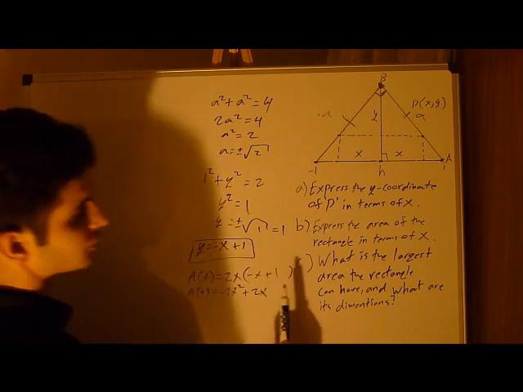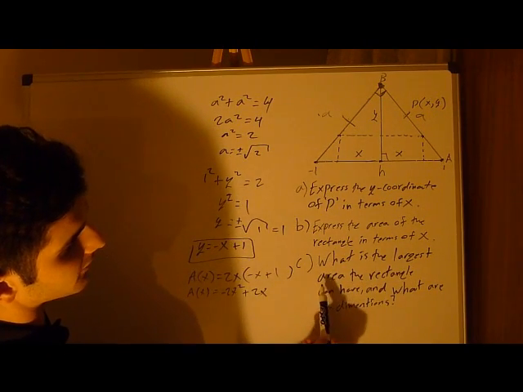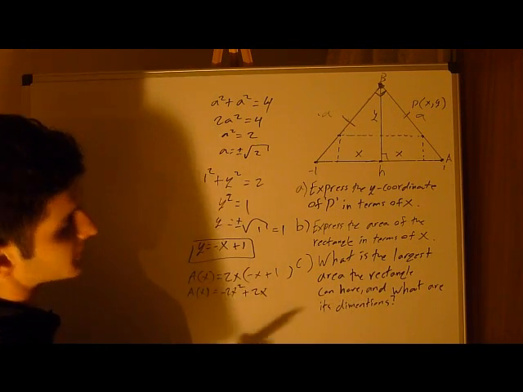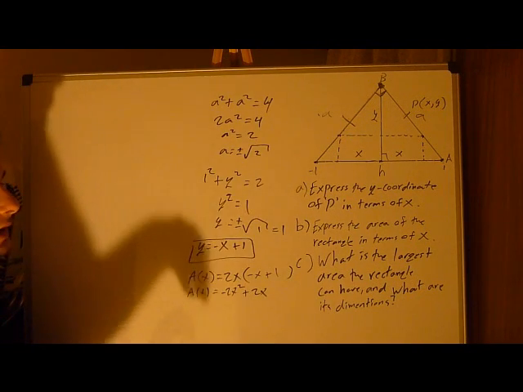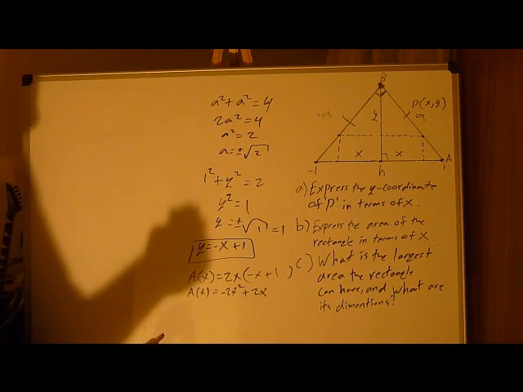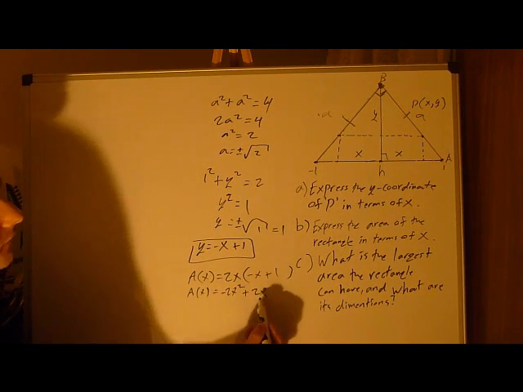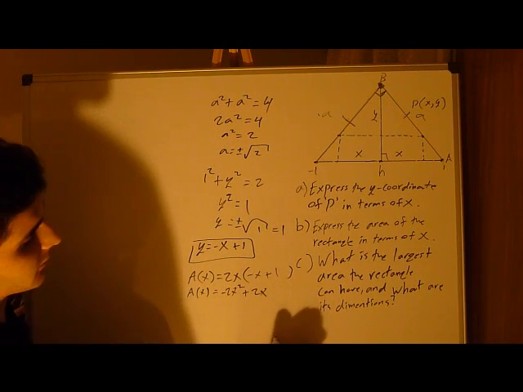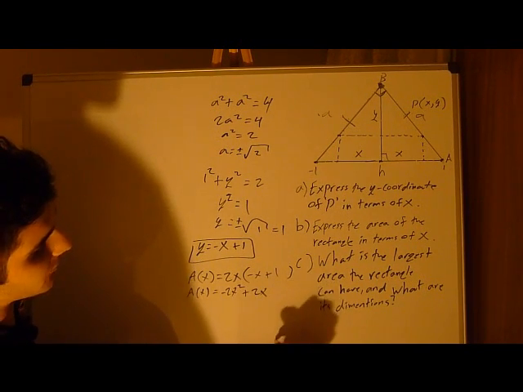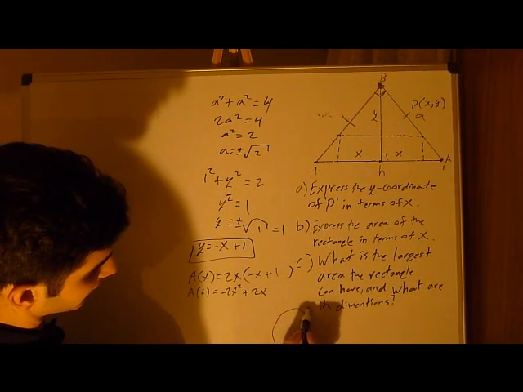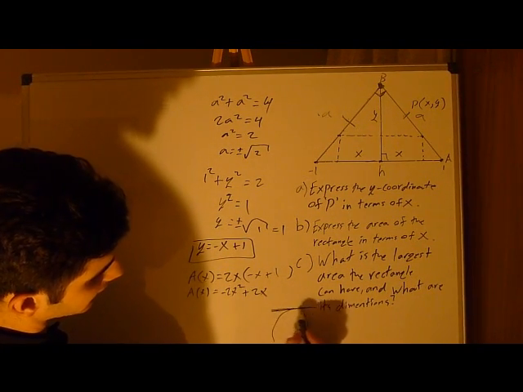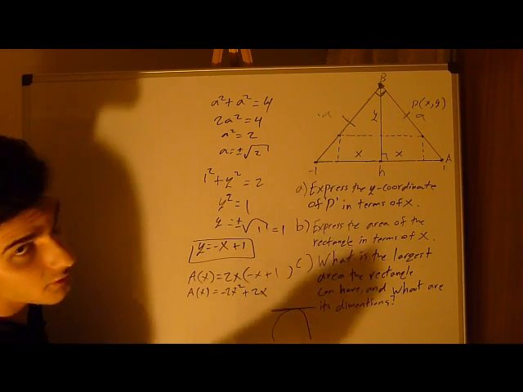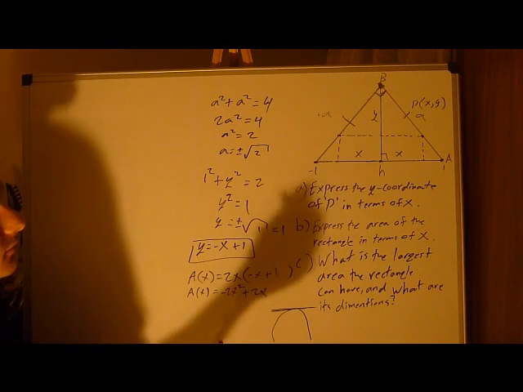The third question says, what is the largest area the rectangle can have, and what are its dimensions? To find the maximum area, we have to take the derivative of the area. Since this is a parabola, and it's negative, so it's an upside down parabola, the derivative at the top will equal 0. That's why we have to find the derivative and then set it equal to 0 to find the candidates.